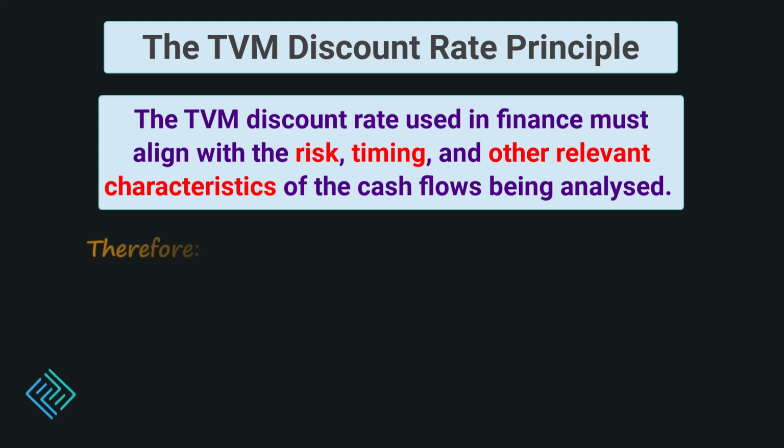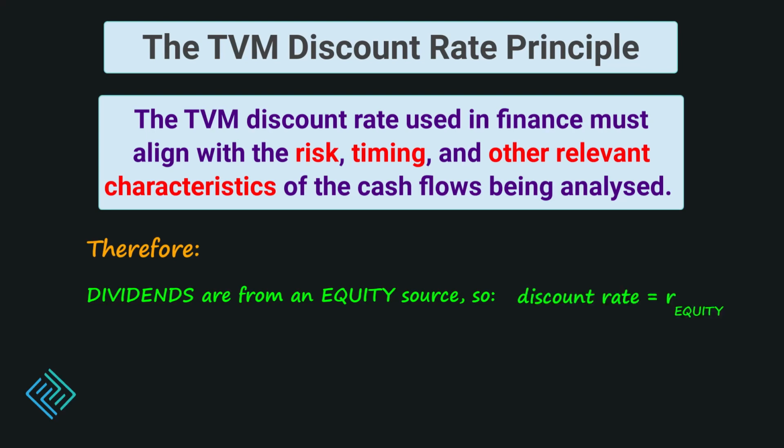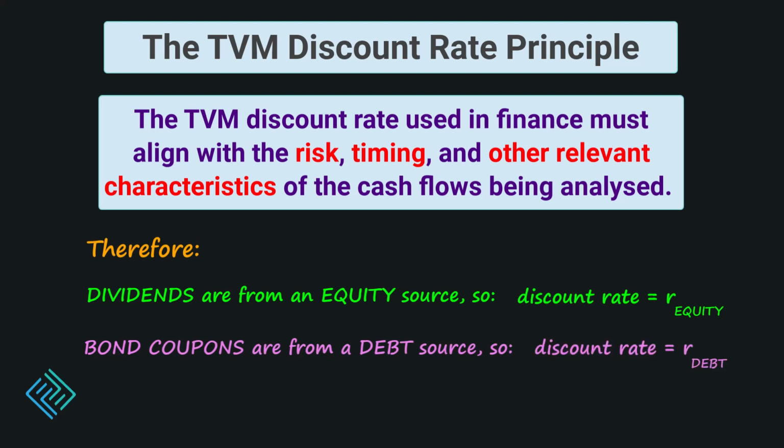For example, if you are working with dividends, which are the cash flows from an equity source, you would use a rate of return on equity as your discount rate. If instead you were looking at the coupons paid on corporate bonds as the relevant cash flows for a TVM situation, you would use the rate of return on debt as your discount rate.